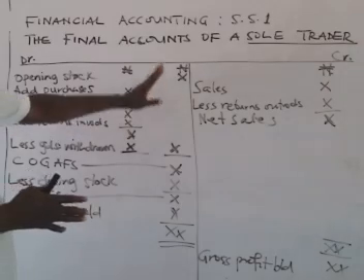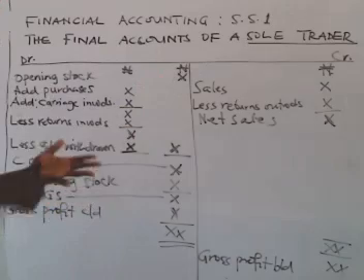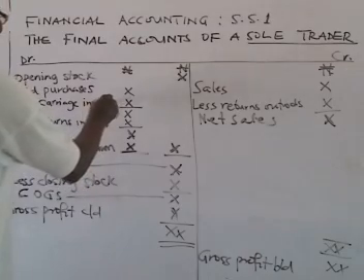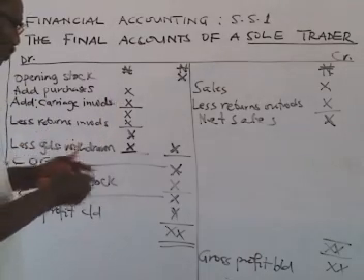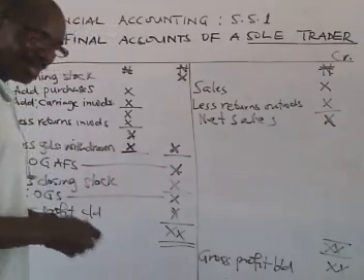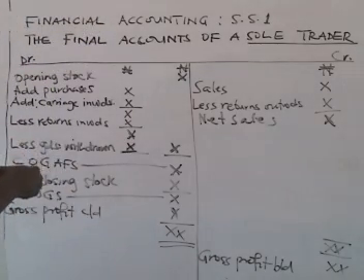Okay, that's the first account a sole trader is bound to prepare, the trading account. After that is done, you now move to what is called the P&L account. Here, let me just tell you again.